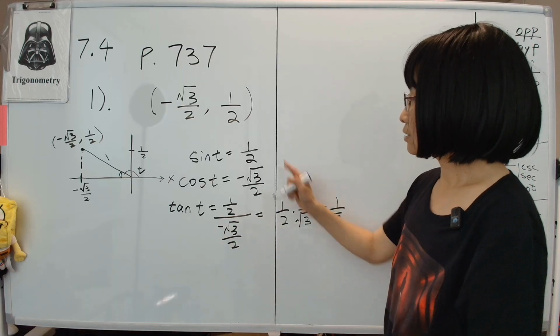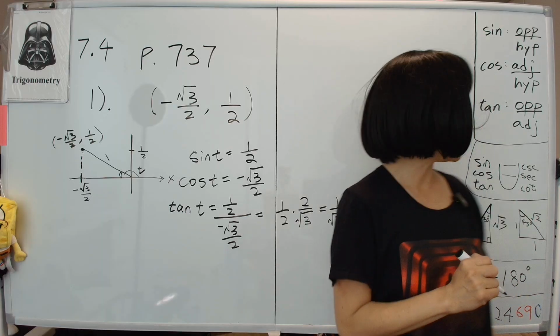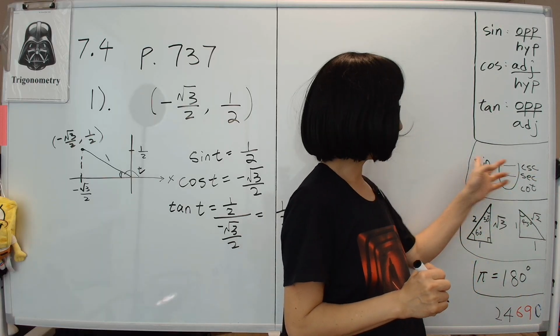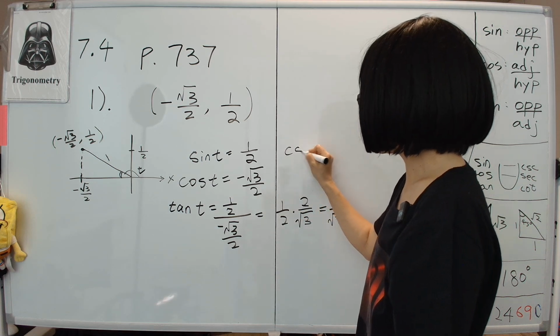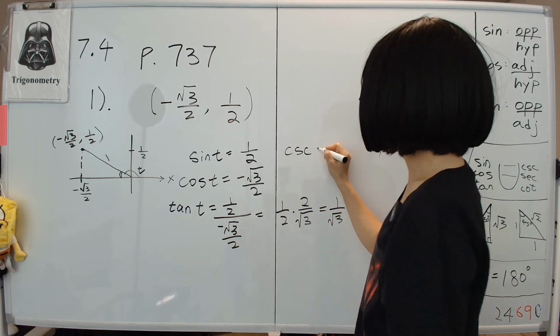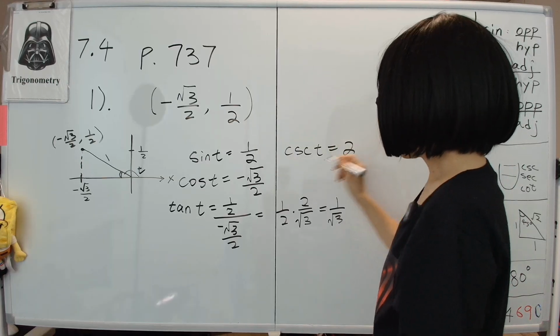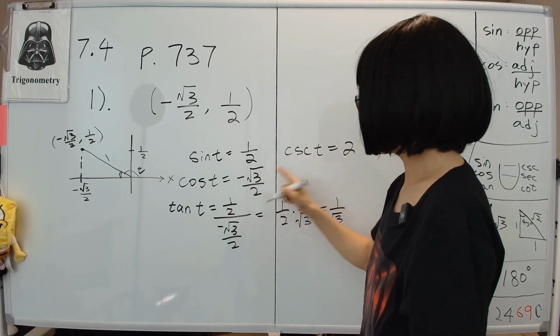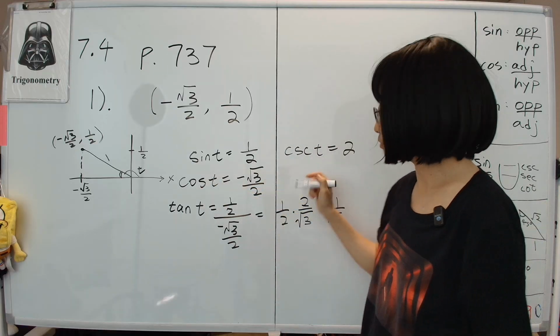And so now we have the three main ones. And what about the others? Now remember, cosecant is 1 over sine, that is flip sine around. So cosecant, CSC, we'll write it next to sine of t, is flip this around, which is just 2. And then this is the secant, which is 1 over cosine.